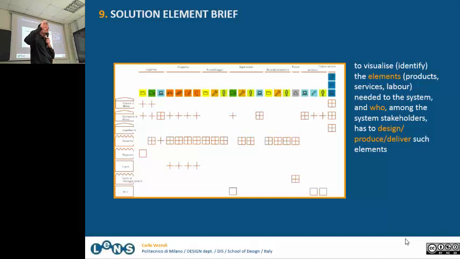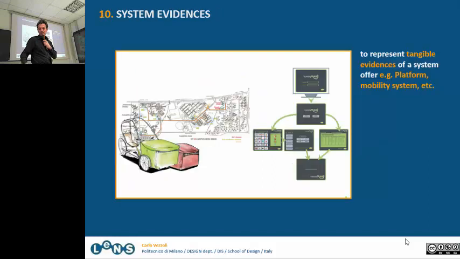So who is designing, who is producing, and which are the roles in relation to some hardware part or other software part, and so on. System evidences, this is not saying that much, but of course, during the course of the project, we will ask you to even make a draft drawing of the products that are related to your product service system.